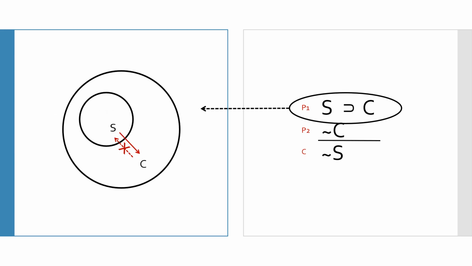And again, we can use our Venn circles to actually see intuitively why this type of argument works and makes sense. Why is this a valid argument?